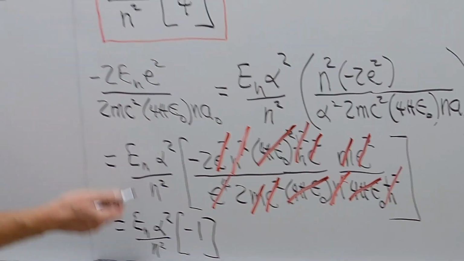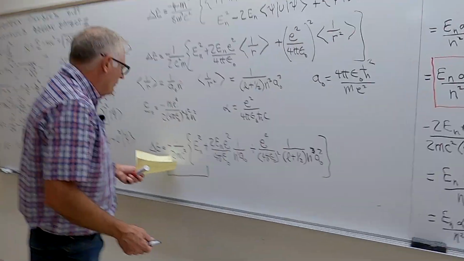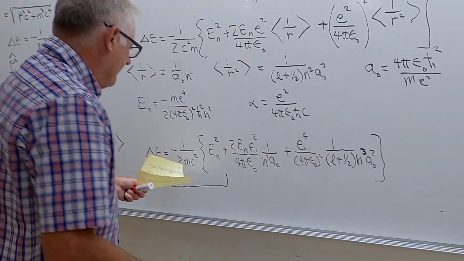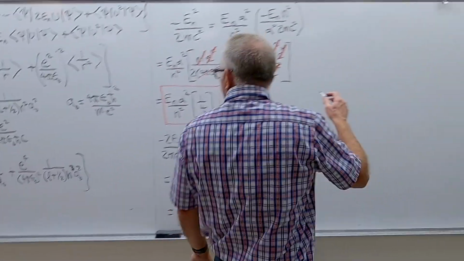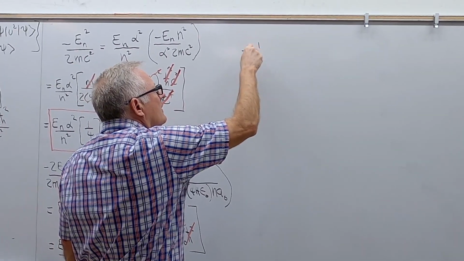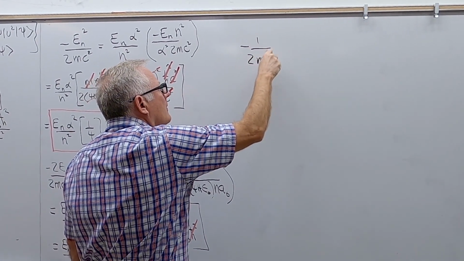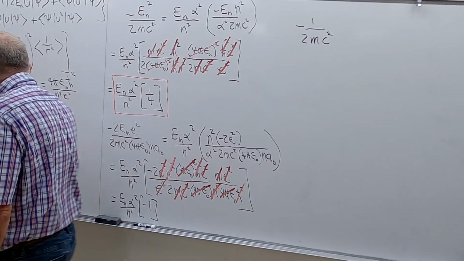Okay, so it's easy for me to add these guys up, and then we just have the one last term, which is this term right here. So we have minus 1 over, the last term is minus 1 over 2mc squared. And then we have times this over here.